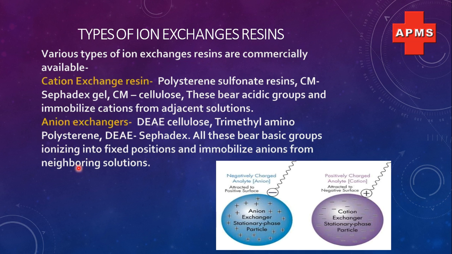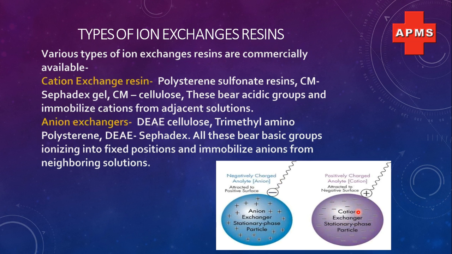These immobilize anions from neighboring solutions, the solution which is passing through these resins. So this is the anion exchange resin, and this is cation exchange resin. This anion exchange resin is actually a positive charge resin which attracts negative ions or anions from the mobile phase.